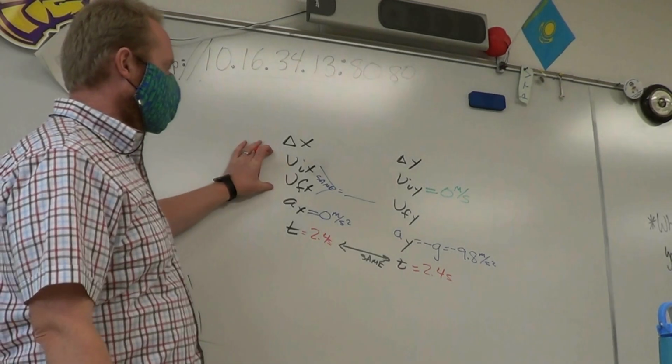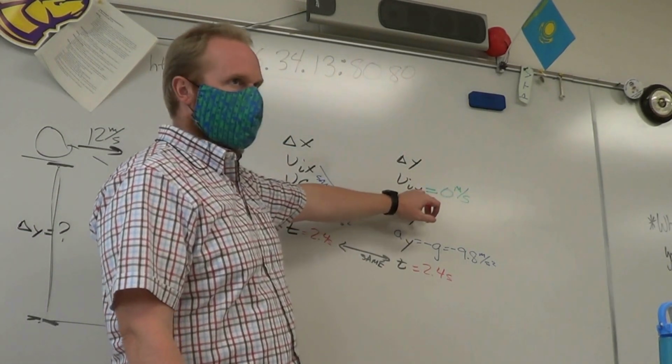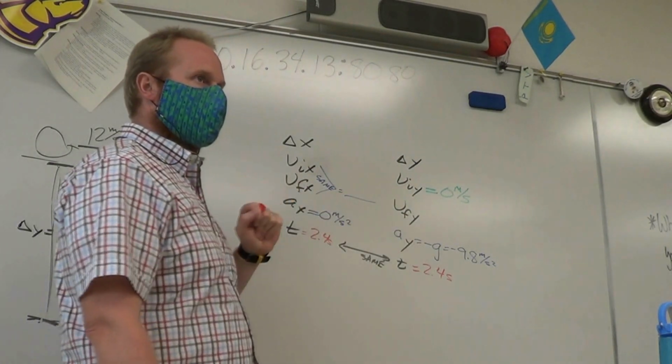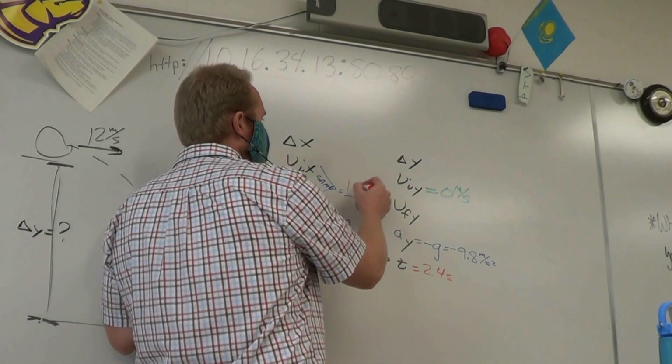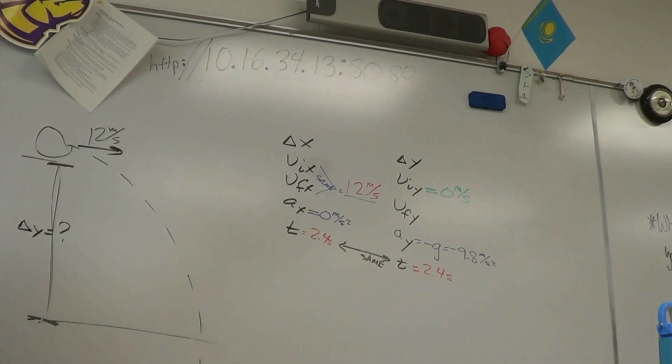Is it my velocity in the x direction, my final velocity in the y, initial velocity in the x? Well, I don't say that because we already had that filled in. So which one is it? It's our x, right? That's how fast she kicks it off the bridge, and that's 12 meters per second. That's what we can fill in based upon problem types and then information from the problem.